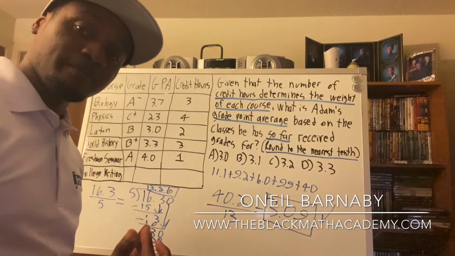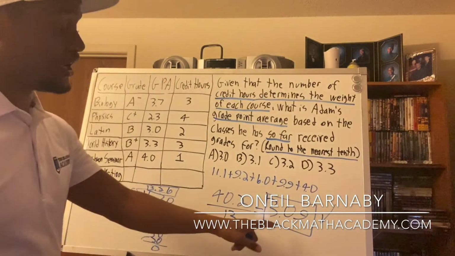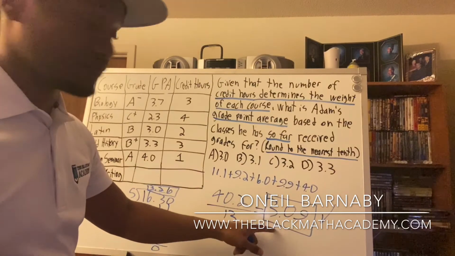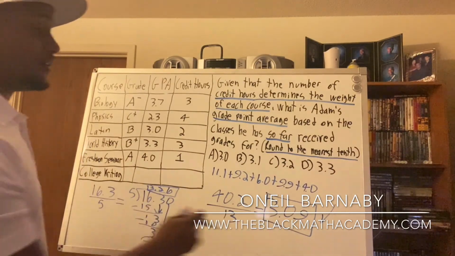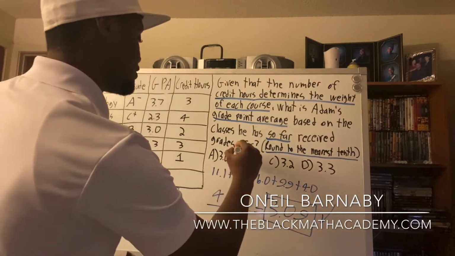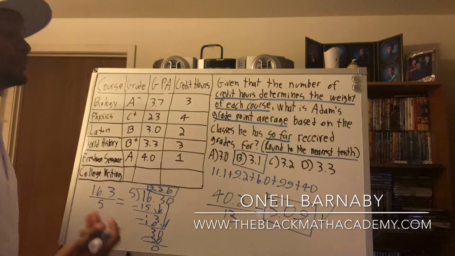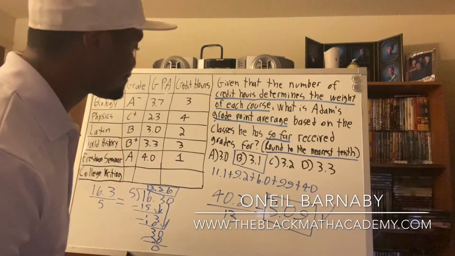Even with our bad calculations, we would have assumed we had a better GPA, but in actuality, he did not. He actually received a 3.09. If you were to round this to the nearest tenth, it would be 3.1. So choice B, 3.1, would be the correct answer.